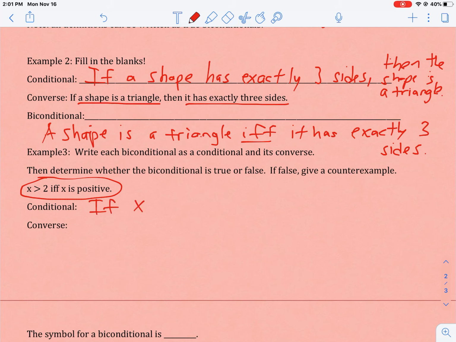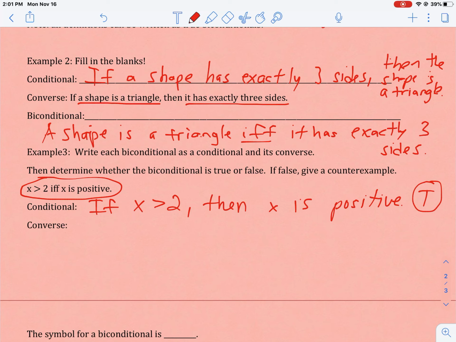If x is greater than 2, then x is positive. That's true. So we're taking the biconditional and breaking it up into its conditional and the converse.